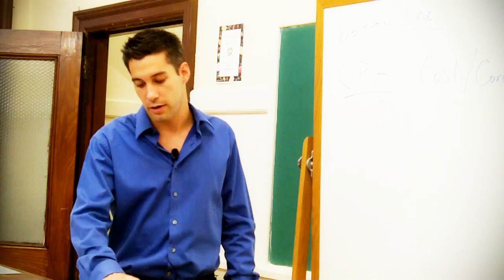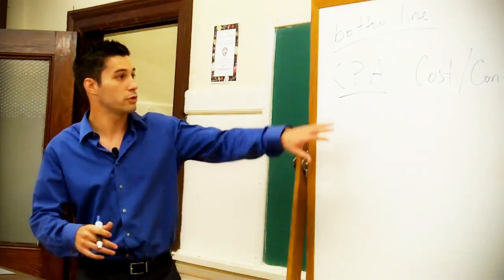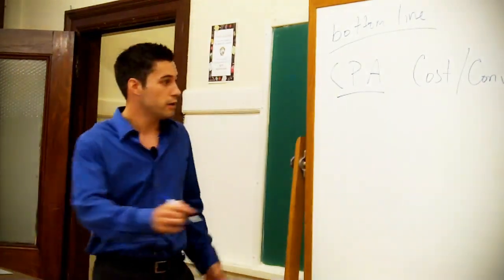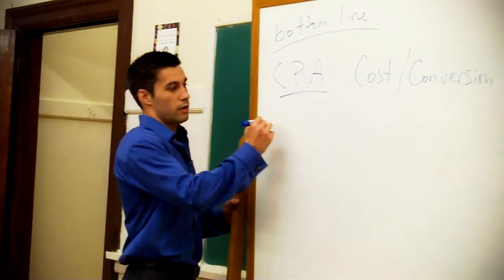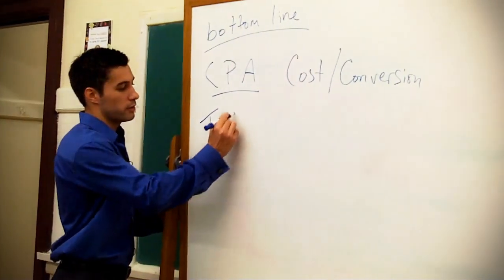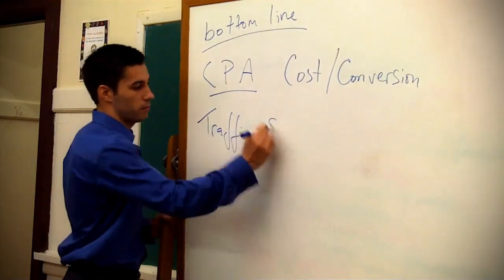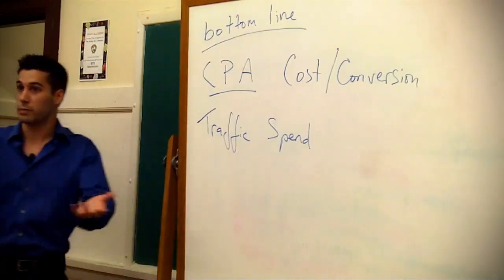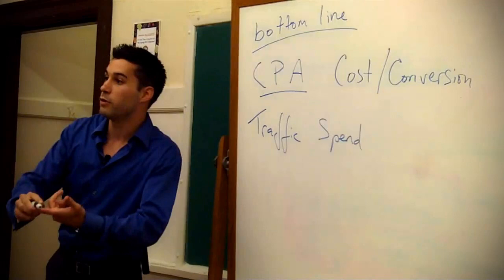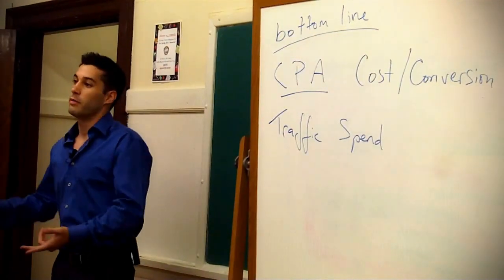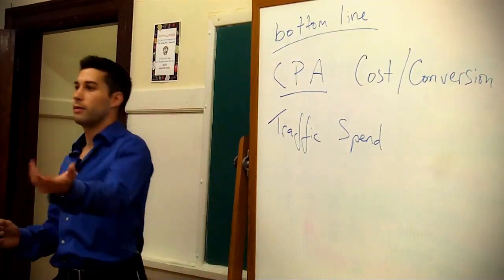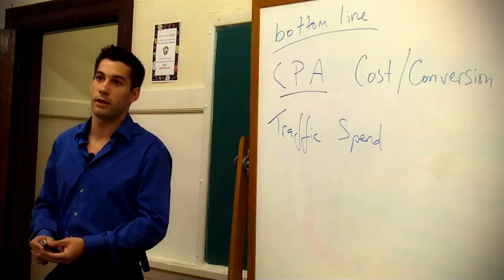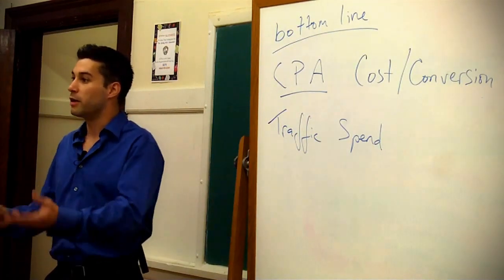So the way you calculate this, first of all, is you have a certain traffic spend, and you spend on traffic. That could be, maybe you hired someone to do your Facebook. Maybe you're doing pay-per-click. You're doing email marketing.